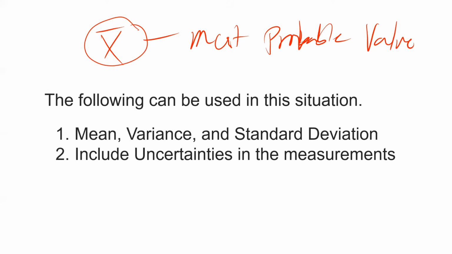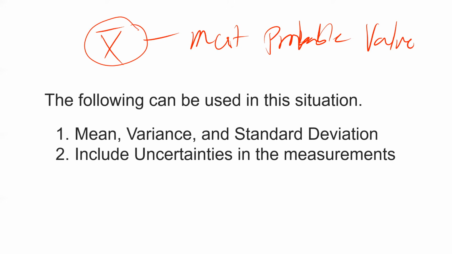So in this case, nagbe-base na lang tayo sa accuracy ay sa precision ng ating result and hope that these values can represent the true value or can be used to find the true value.